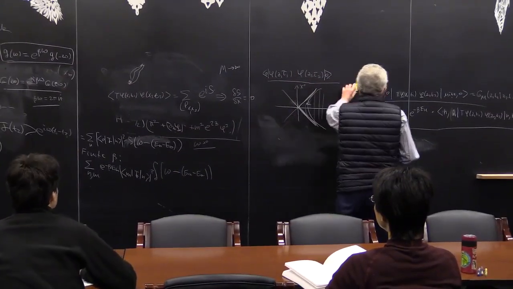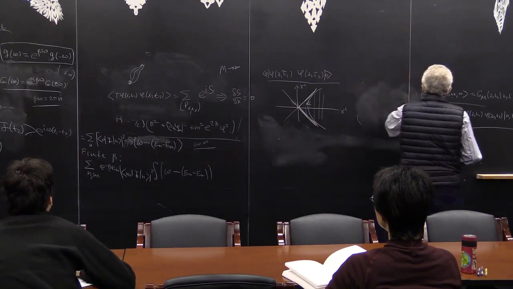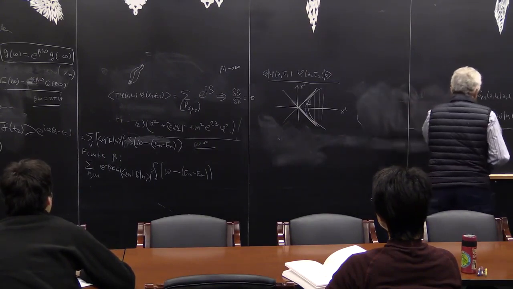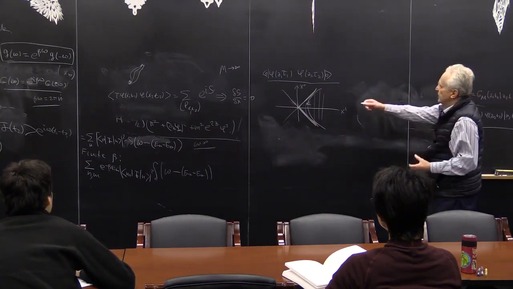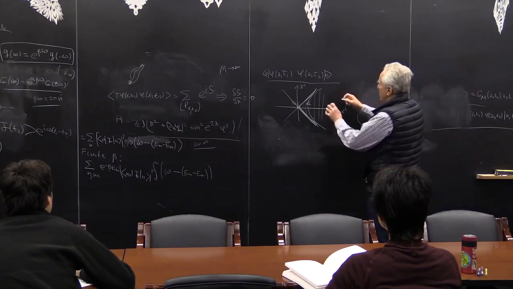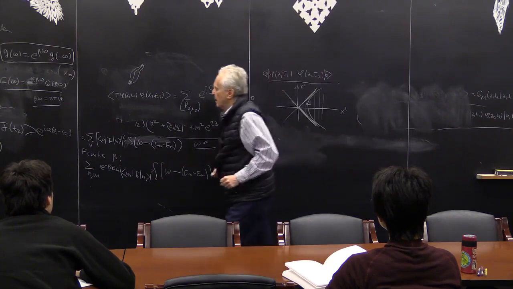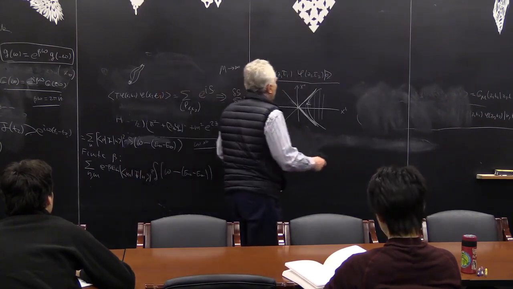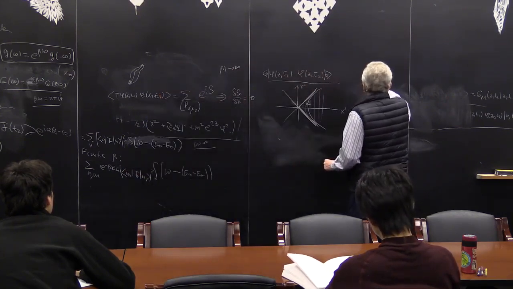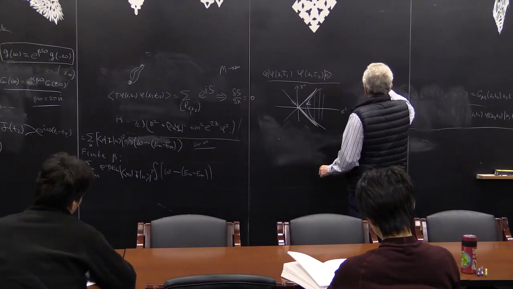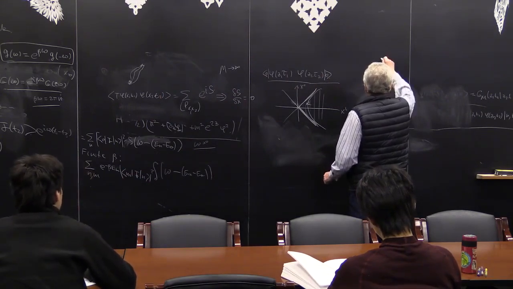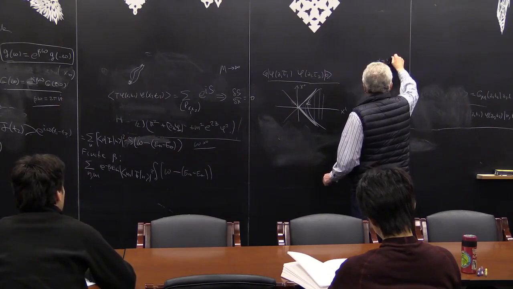So in order to describe the experience of this observer, we shall imagine that it has some device with two states. And we have two heavy fields, psi alpha, where alpha is 1 and 2.